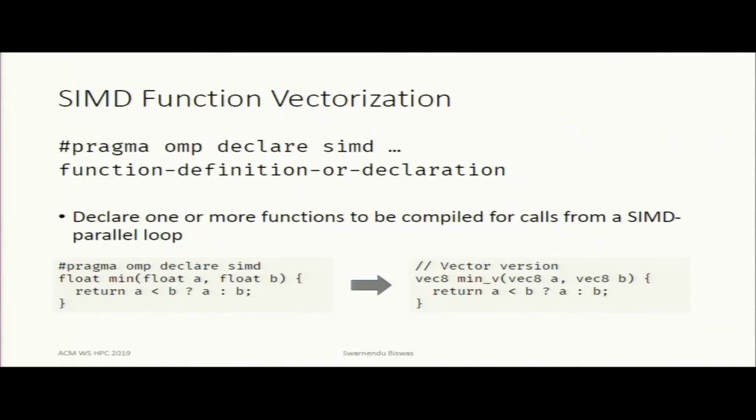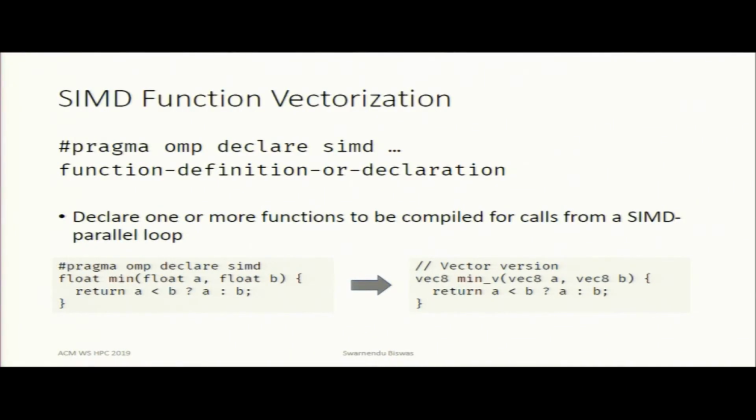So basically what we have here is a function definition, float min, with float a, float b. Very simple function definition. If I say #pragma omp declare simd, the compiler will generate different versions. Some of them would be for scalar data types, and some of them would be for vector data types as well.